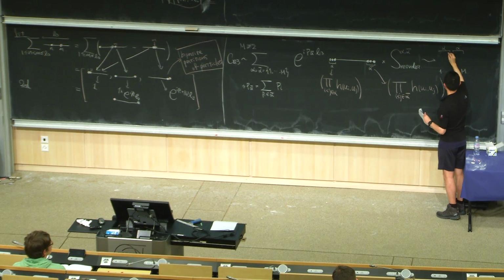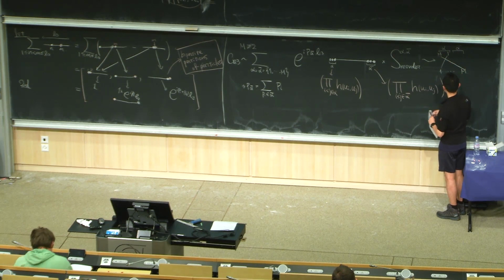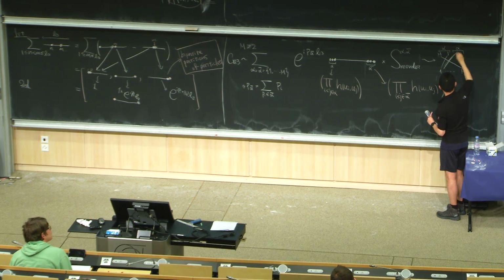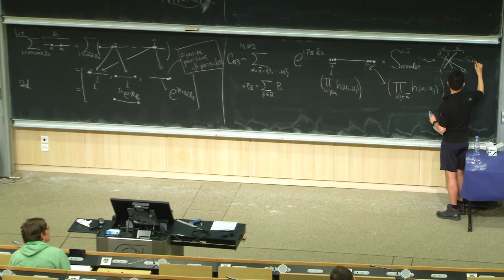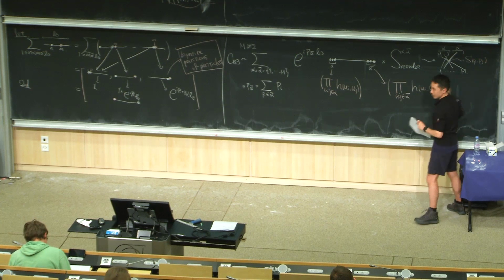Let's say this is 1 and this is m, for example. Then what you need to do is to connect these lines, and there might be something like this. And then for each intersection, you just multiply S(p_i, p_j).